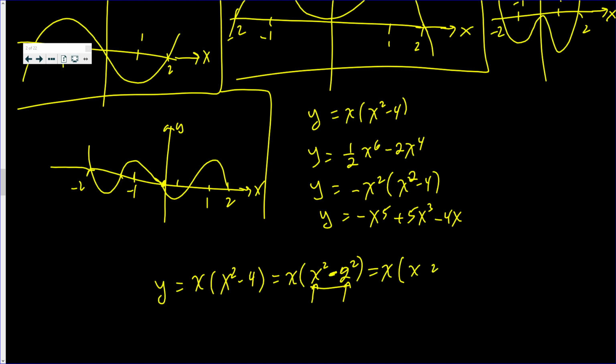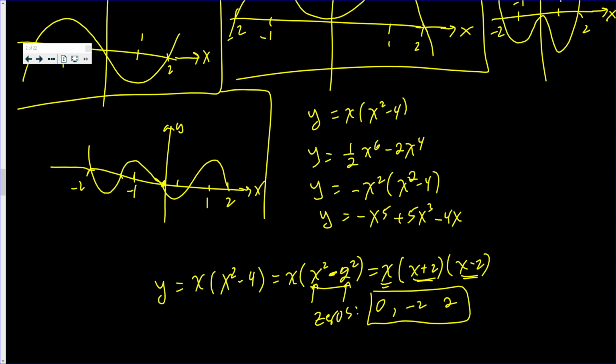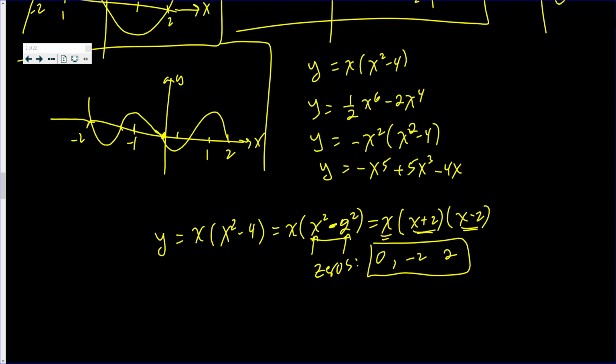So you write the 2 things being squared 2 times. One gets a plus, one gets a minus. And now the zeros will be when x is 0, when x is -2, and when x is 2. So I would look to see which graphs have those 3 zeros, and hopefully it's only one of them.